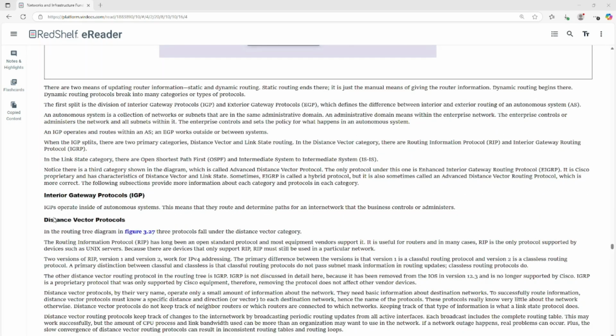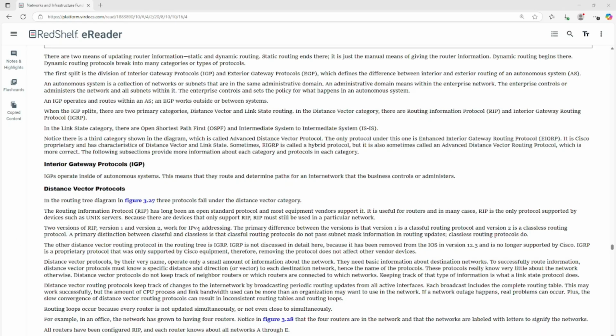Broken down, you've got the distance vector protocol, which requires just knowing the specific distance and direction to each destination network.